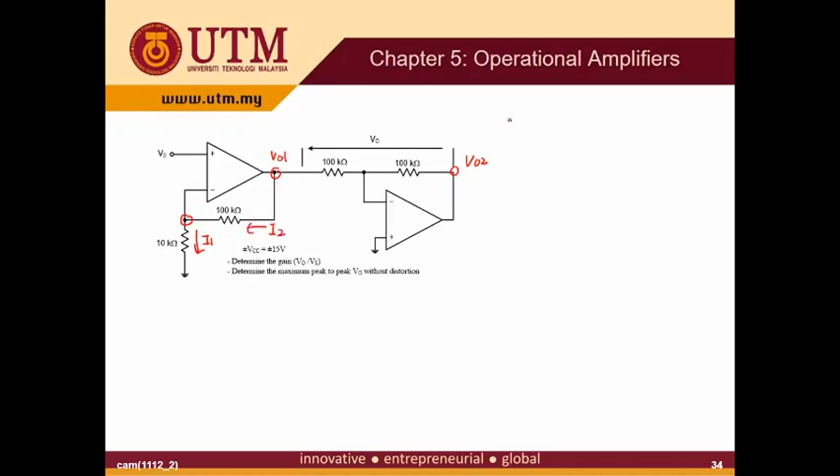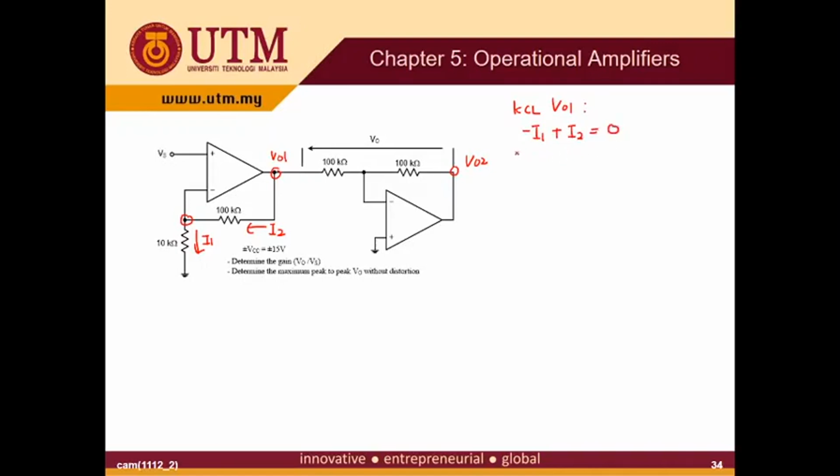So the KCL here: I1 is exiting, I2 is entering, so minus I1 plus I2 is equal to 0.